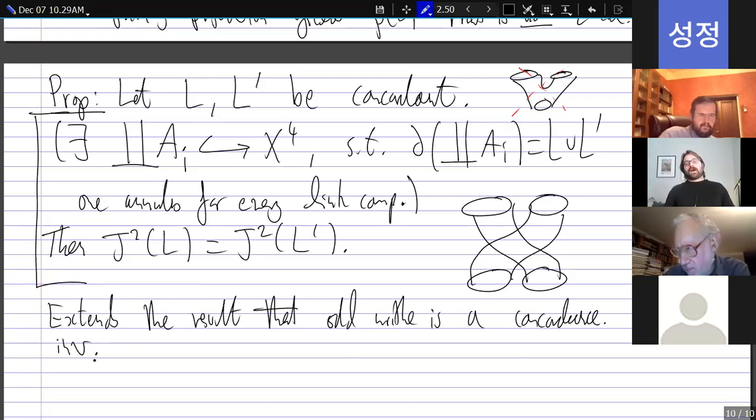And maybe when I first saw that result, I was very surprised. I didn't think this extremely simply defined invariant, like the odd writhe, could possibly be a concordance invariant, interacting nicely with four-dimensional transformations.